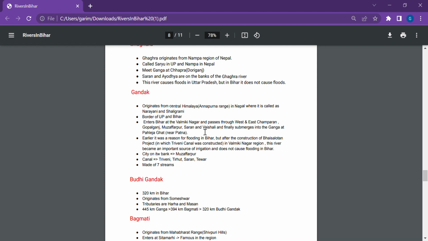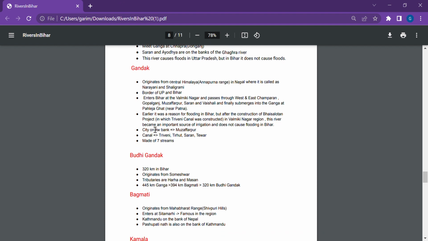So we can see that it passes through West Champaran, then East Champaran, Gopalganj, Muzaffarpur, and Vaishali. Earlier, it was a reason for flooding in Bihar, but after the construction of the Bhaisa Lotan project, in which the Triveni Canal was constructed, and if you remember, we have four canals associated with the Gandak river: Triveni, Tehut, Saran and Tivar.